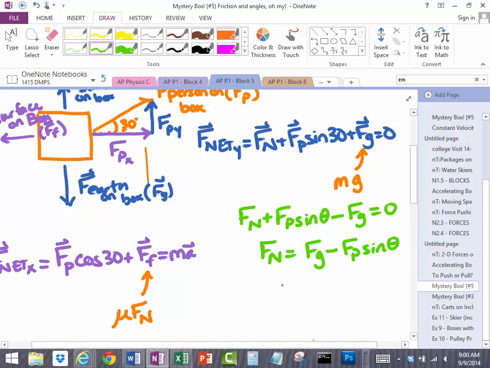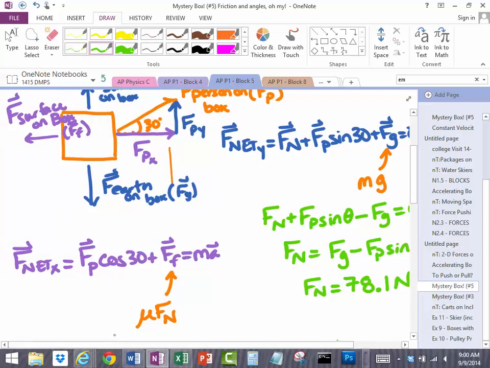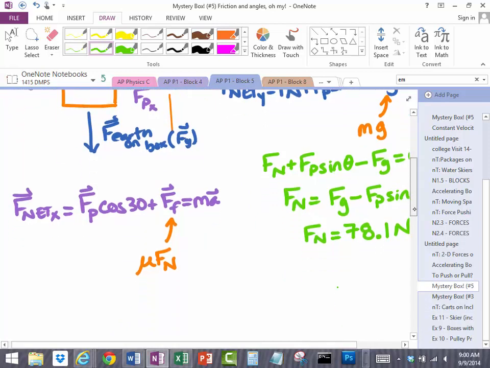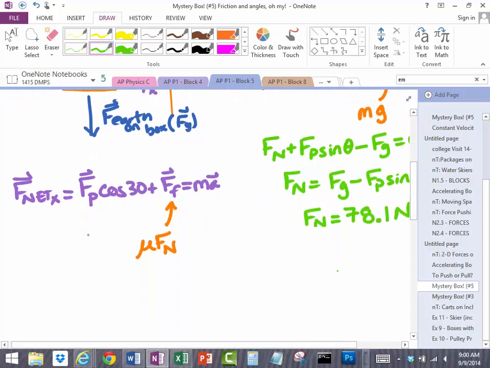What value did you get for Fn? 78.1 is what this says. Is that okay?